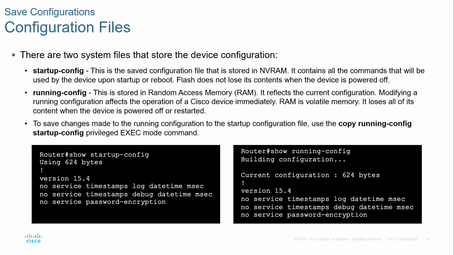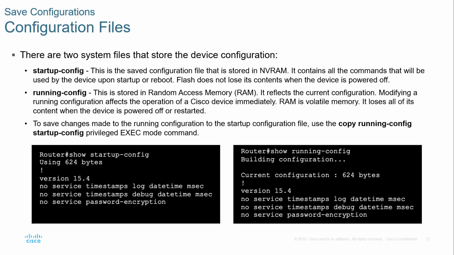We save it to the startup configuration. The startup configuration will be the config that the device will actually load. The running config will be the actual configuration as you've modified it. If you've not saved the running configuration and it is rebooted, whatever startup configuration is there is what will load.